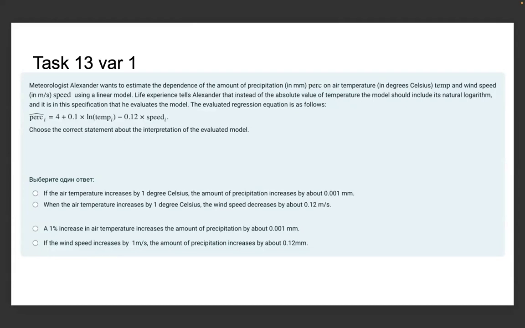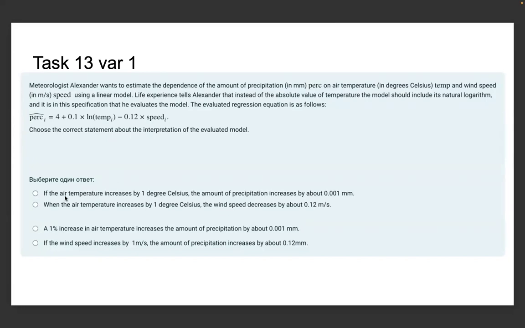Okay, let's have a look at this formula. So perc is equal to 4 plus 0.1 of the logarithm of temp minus 0.12 times speed.